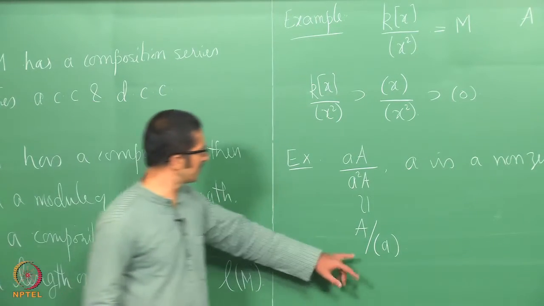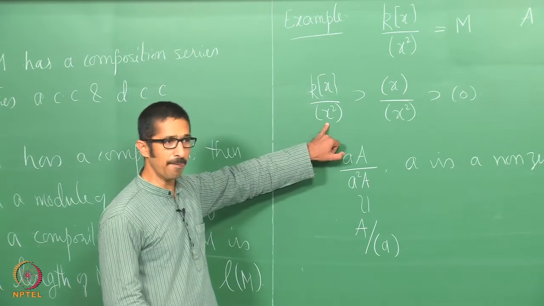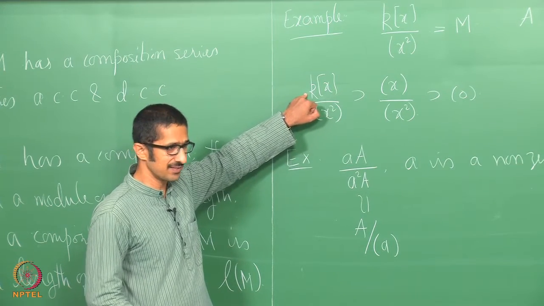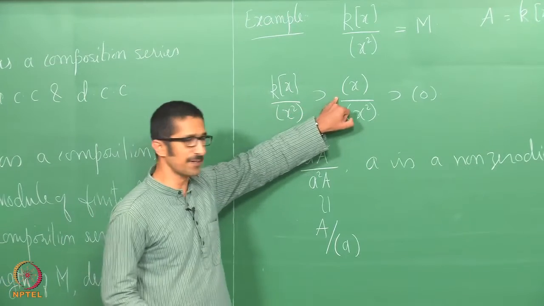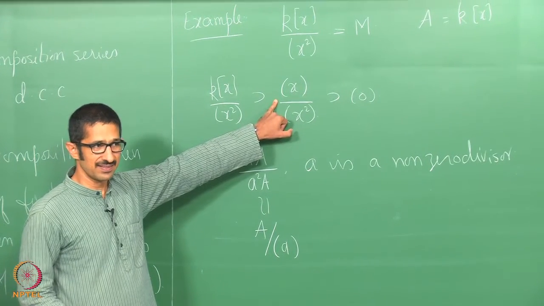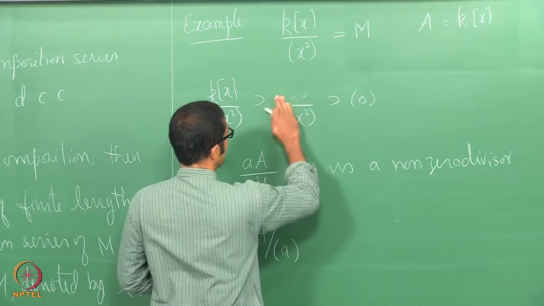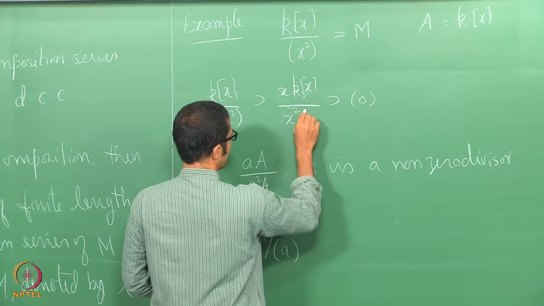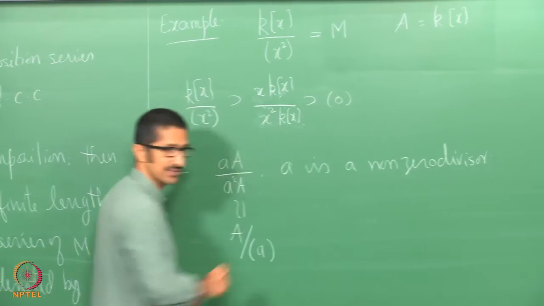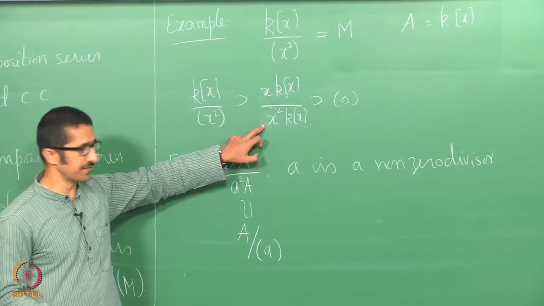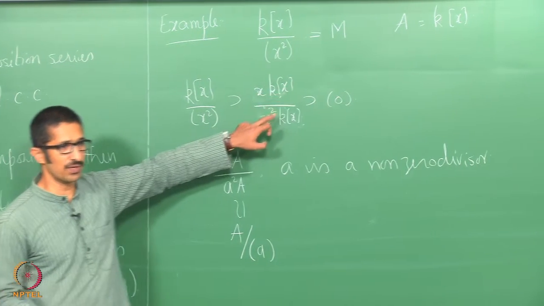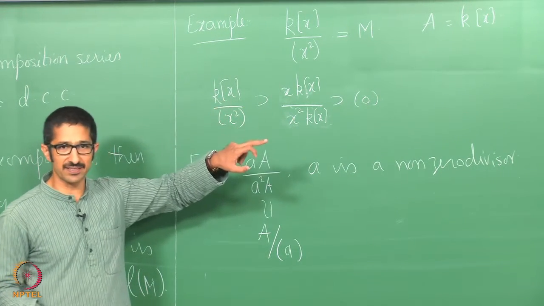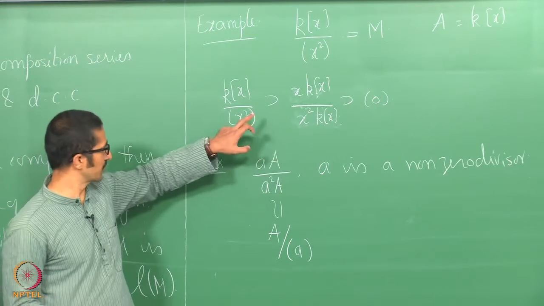Suppose this is true, x is a non-zero divisor in kx. So, this is the same as x kx, since the ideal generated by x square is x square kx. So, this is isomorphic to kx mod the ideal generated by x, but what is kx mod the ideal generated by x? It is k.